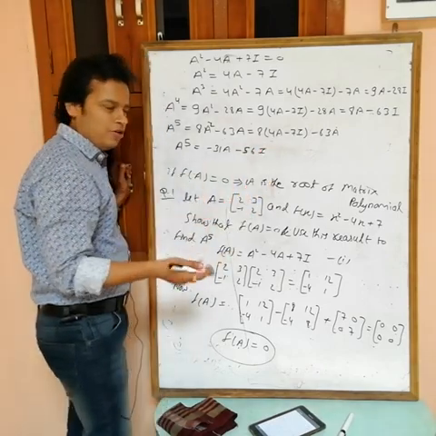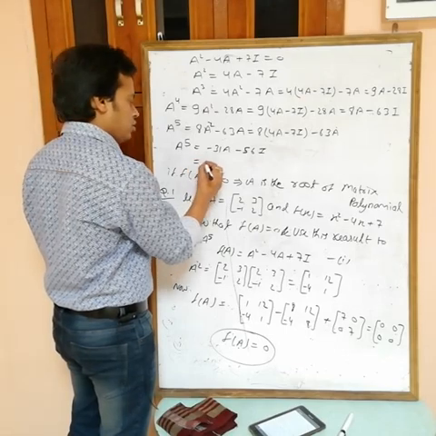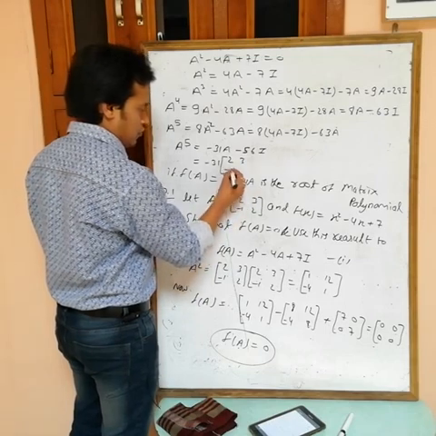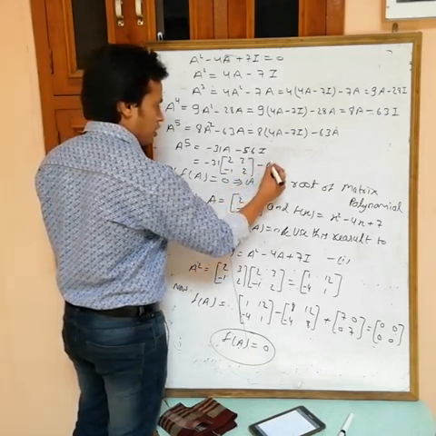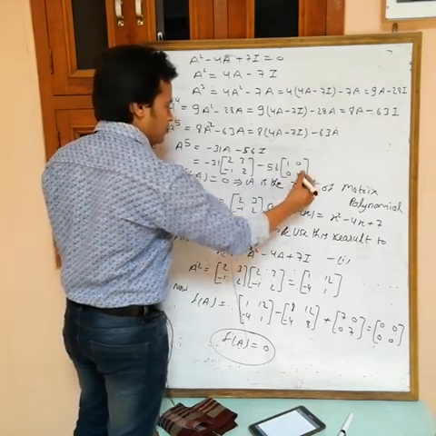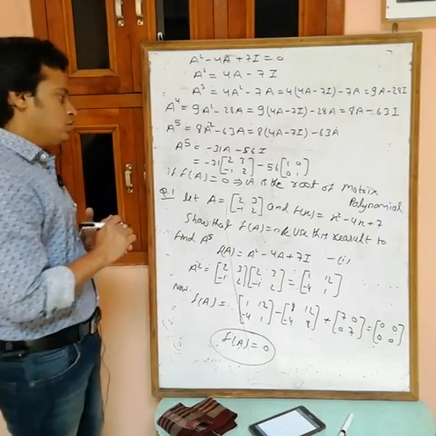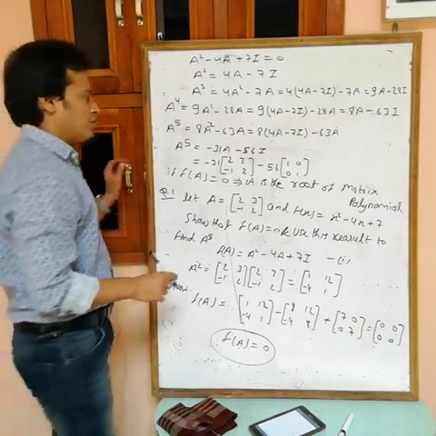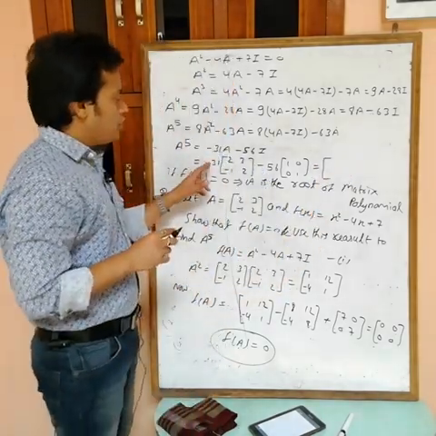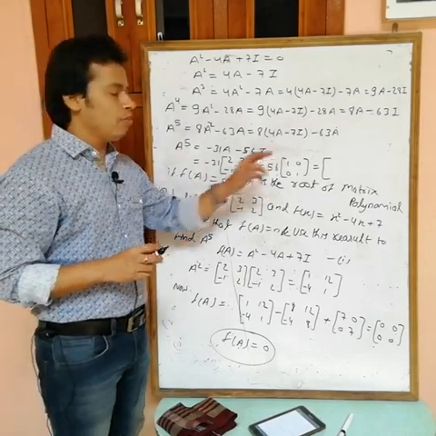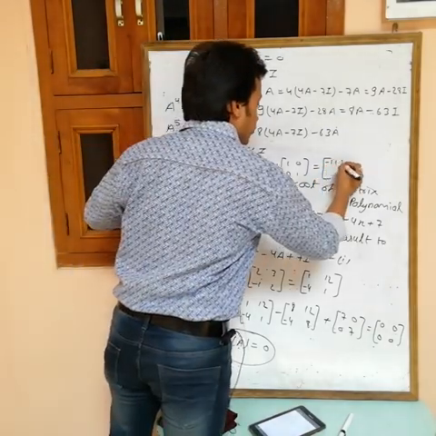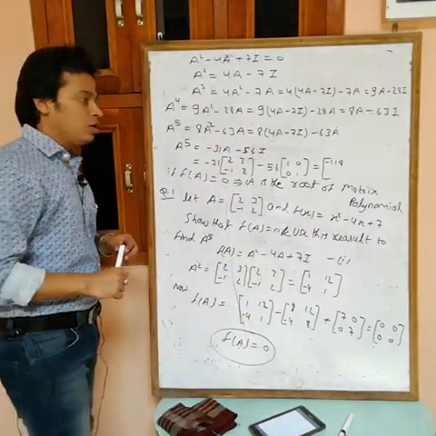Now just put the values of A and I and you will get the answer. Minus 31 times [2, 3; -1, 2], minus 56 times [1, 0; 0, 1]. Now just add. Minus 31 into 2 is minus 62, minus 62 and minus 56 gives minus 118.